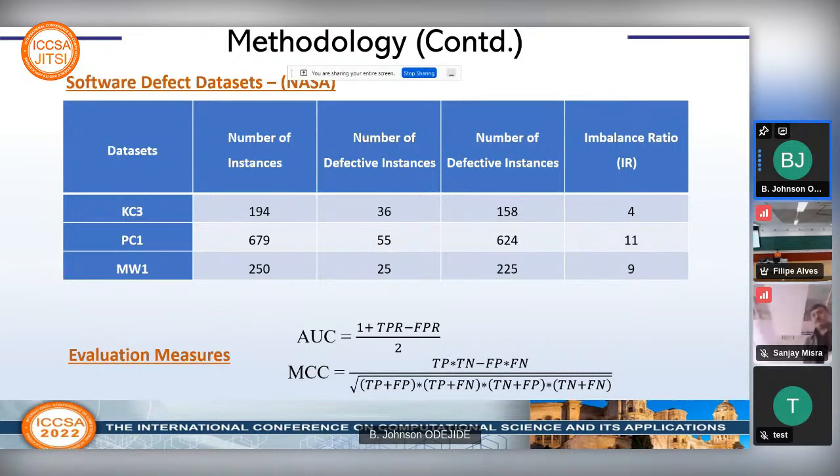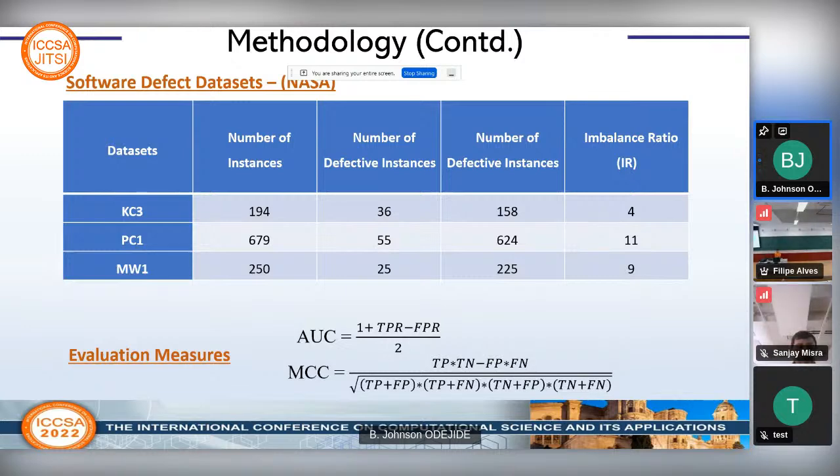The number of defective instances is 36, and the number of non-defective instances is 158. So this shows the imbalance we talked about when we talk about the class imbalance problem.